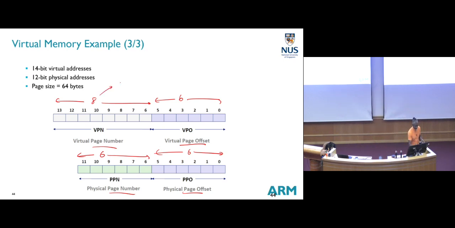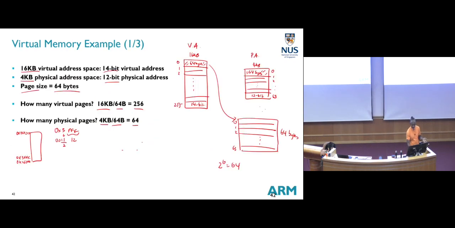If I have 8 bits here, 2 to the power of 8 is 256, and I have 6 bits here, so 2 to the power of 6 is 64. So the number of bits remaining match up with the number of pages, because we just saw that I have 256 pages here and 64 pages here. Everything adds up nicely.